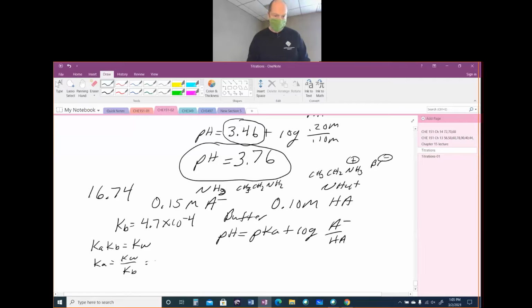And so your Ka is 2.1 times 10 to the minus 11, but we want the pKa, so we need to take the negative log of that. When you take the negative log of that answer, you get 10.67.